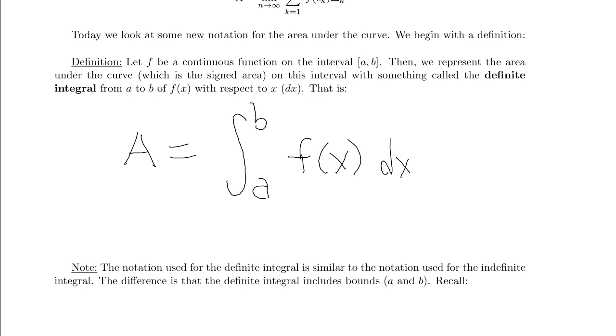And so this notation should look really familiar to you. Before we had the indefinite integral, and the only difference in the notation is that there weren't those numbers a and b attached to the integral symbol. When you do not have the numbers a to b attached to the integral symbol, that's called an indefinite integral. And the way you compute an indefinite integral is you find the antiderivative.